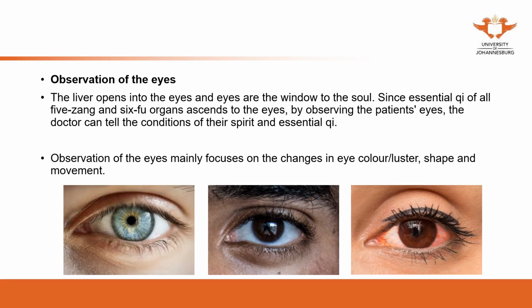We focus on the eyes. The color of the eyes, the luster of the eyes, the shape of the eyes, and the movement of the eyes can reflect the spirit of the whole body. This phenomenon is also related to the five wheels theory, because the five internal organs can be reflected in the eyes.